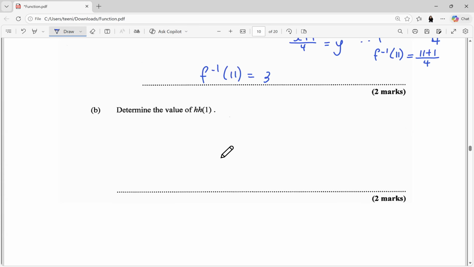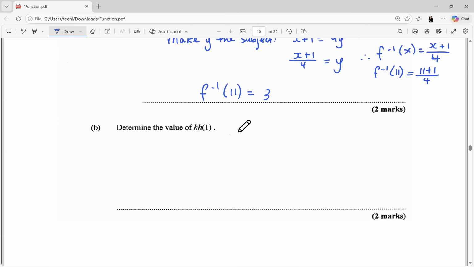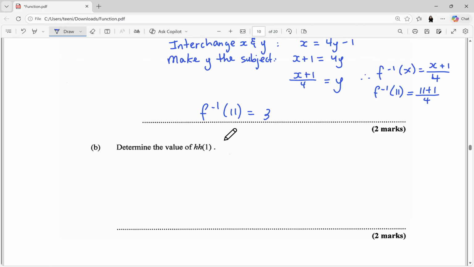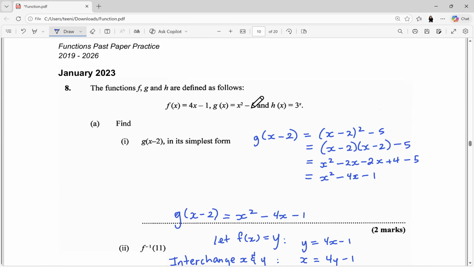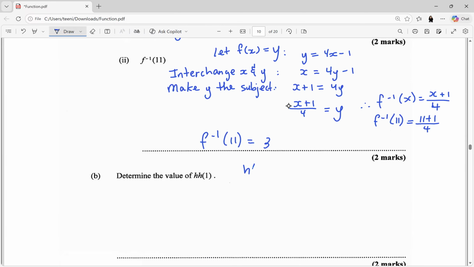Next, we need to determine the value of h of 1. So find h of 1 first, and then substitute that into h of x, right? So h of x is 3 to the power of x. That means that h of 1 will be 3 to the power of 1, which is 3, because as your law of indices states, a to the power of 1 is a.